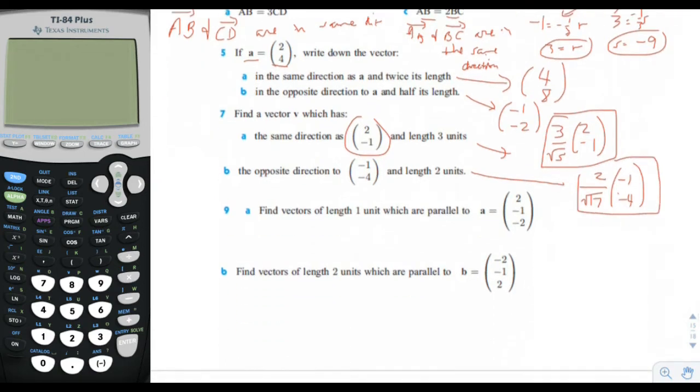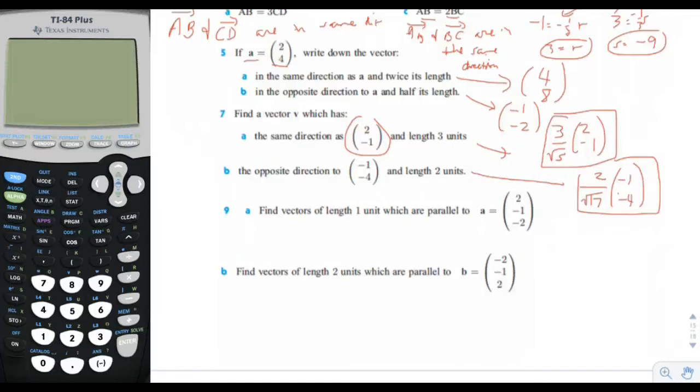9a. Find the vectors of length 1 unit which are parallel to vector A. It says find vectors, so there would be at least 2. Let's find 1. What would be the length of this vector? It would be the square root of 2 squared plus 2 squared plus 1 squared, which is the square root of 4 plus 4 plus 1, the square root of 9.